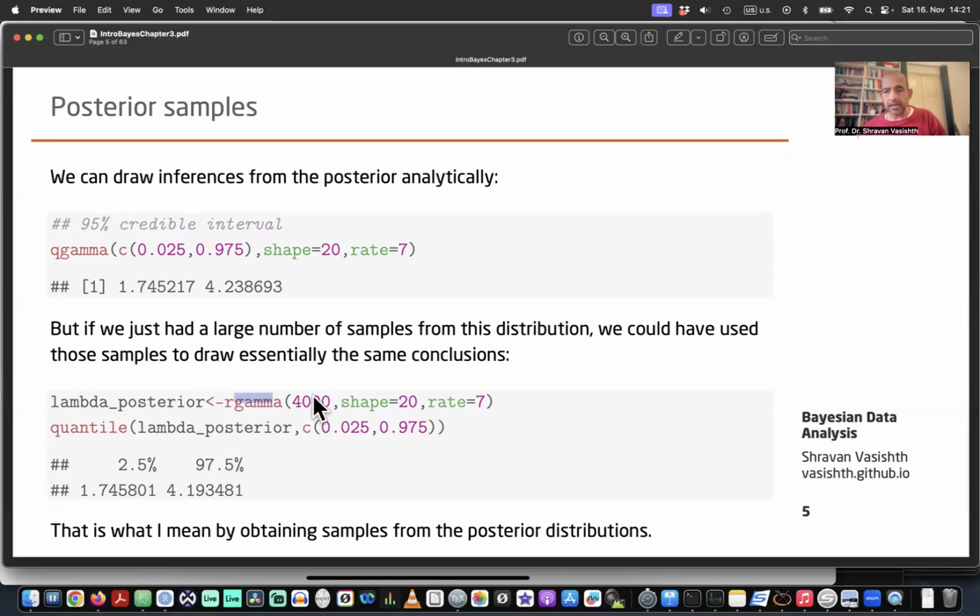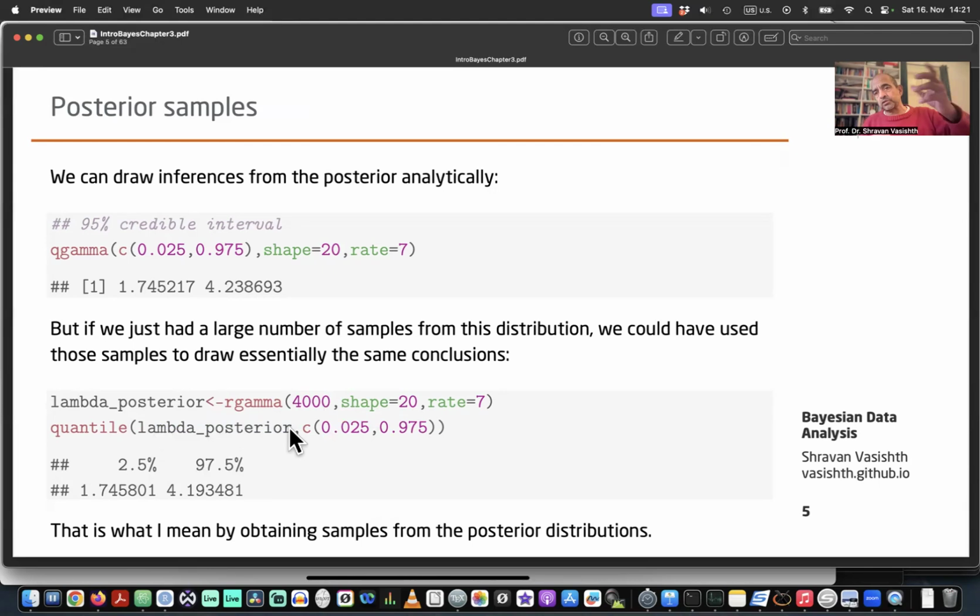We will just have samples from the posterior. We don't know what the form of the distribution is necessarily that is producing the posterior. All we have is the samples, but that's okay because once I have the samples, I can just do my statistics on those samples. I can draw my inferences from the posterior, right?